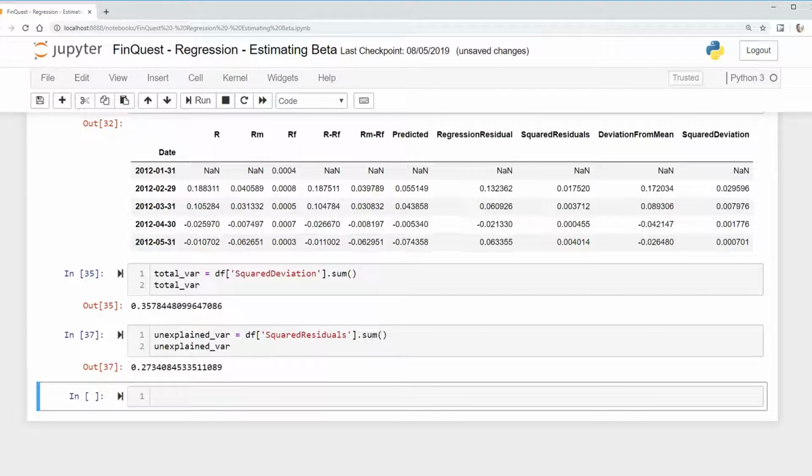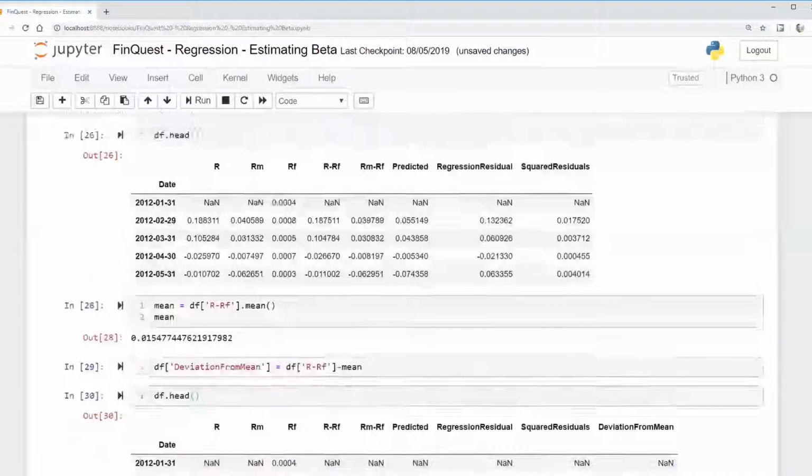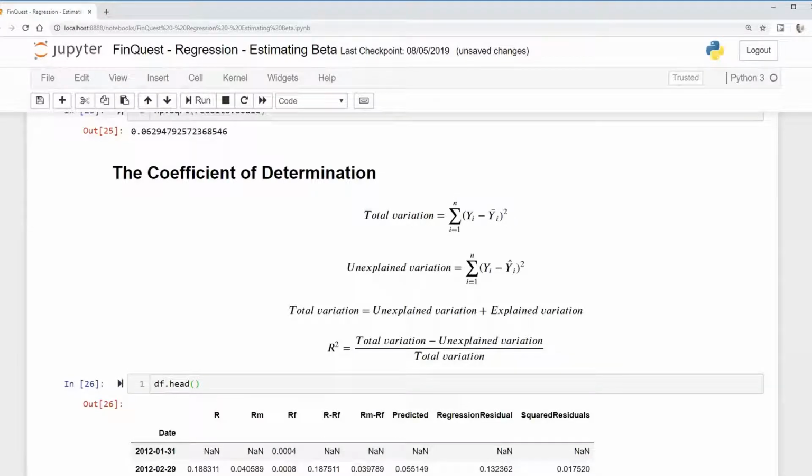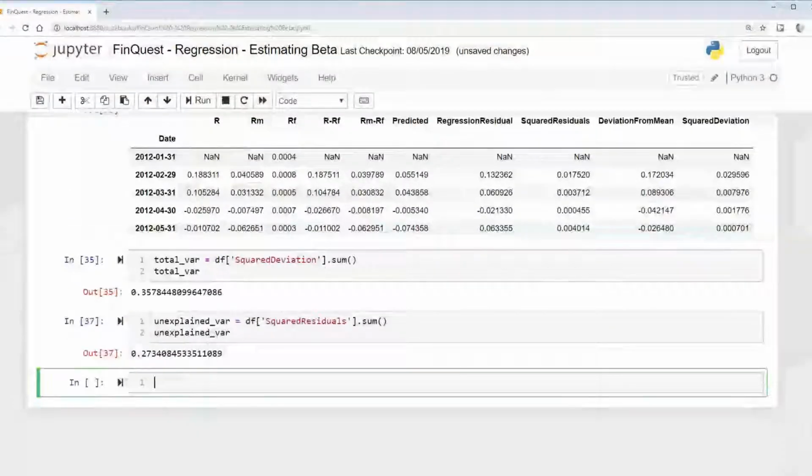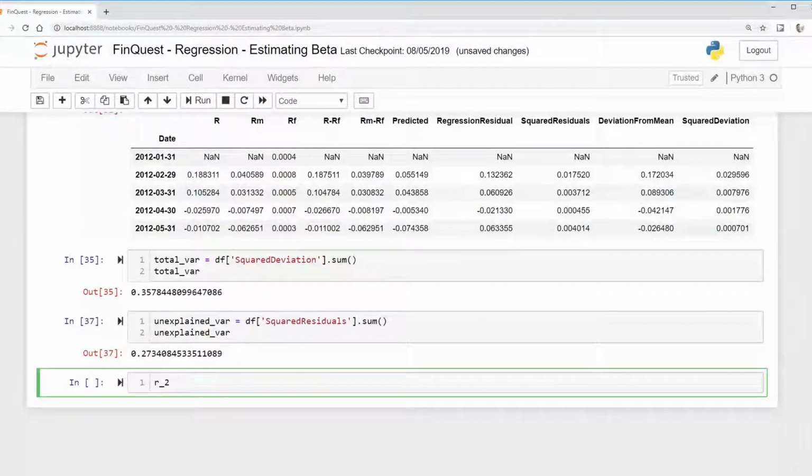There we go, and now we can find our R squared. Remember, to find R squared, we take our total variation minus the unexplained variation, divided by total variation, because R squared is a percentage. So we'll call this R2, equal to total var minus unexplained var, all divided by total var.